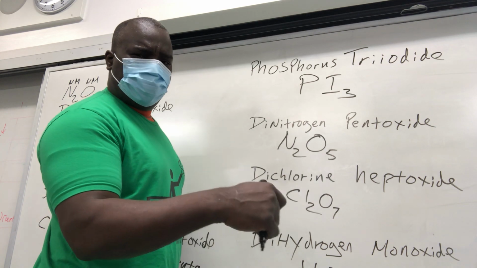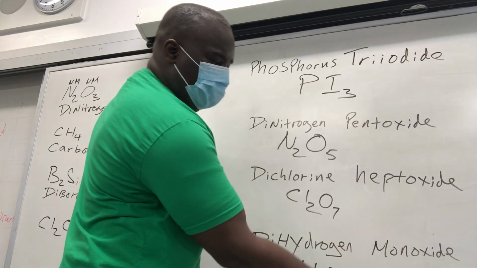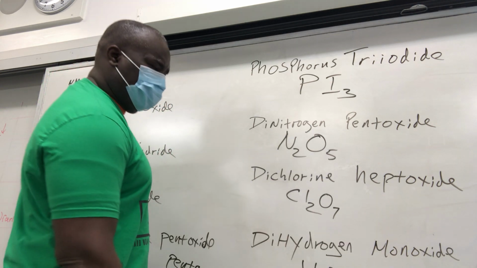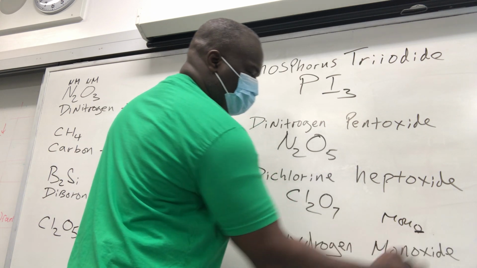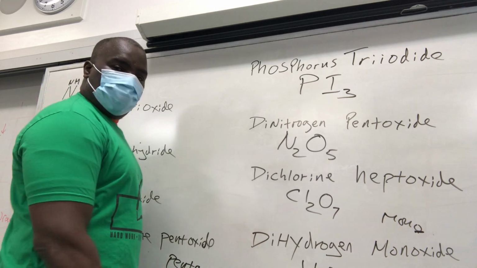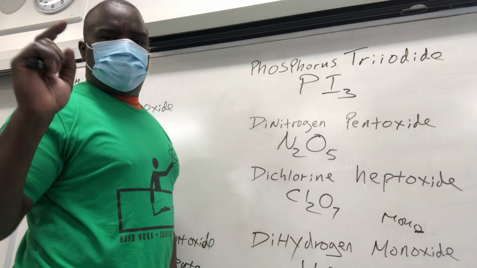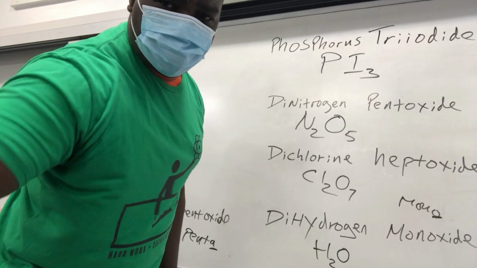We modified the ending of the mono, since oxygen begins with O, to drop the O of mono, okay? So normally it would be mono, something, but we drop this O right here, say monoxide, or carbon monoxide. Okay, people, dihydrogen monoxide is water. So next time you go to the store, ask for a bottle of dihydrogen monoxide and see the reaction.